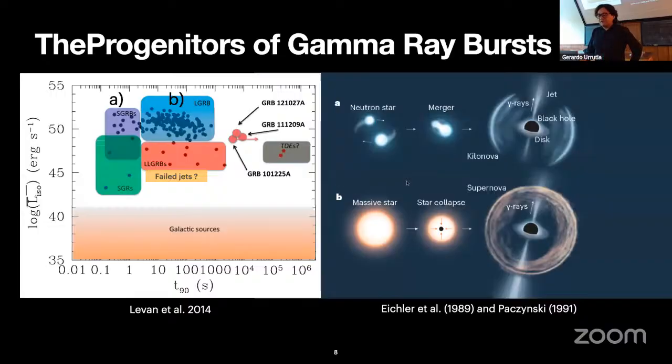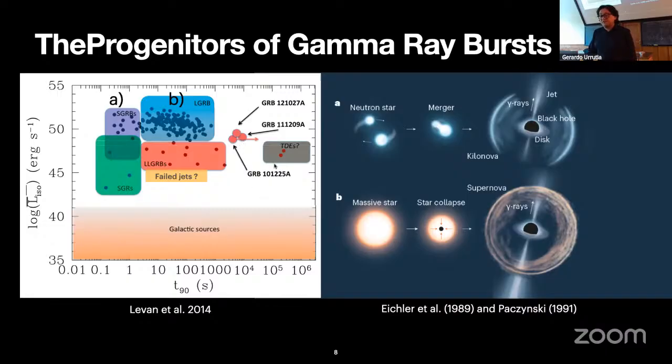The main progenitors for these gamma ray bursts are two. These jets arise from binary neutron star mergers and from the collapse of massive stars. Today I will focus on the GRBs originating from collapsing massive stars. Among these observations, we have other rare cases in which the gamma ray bursts have a very long duration.